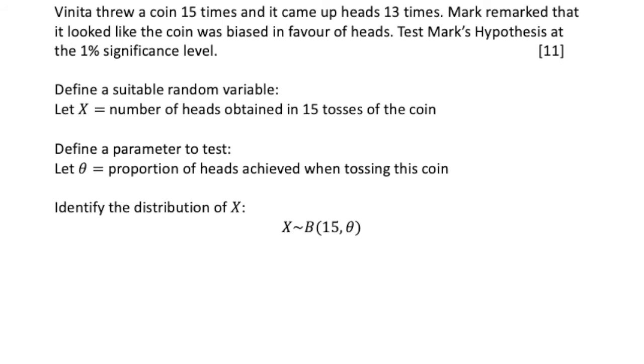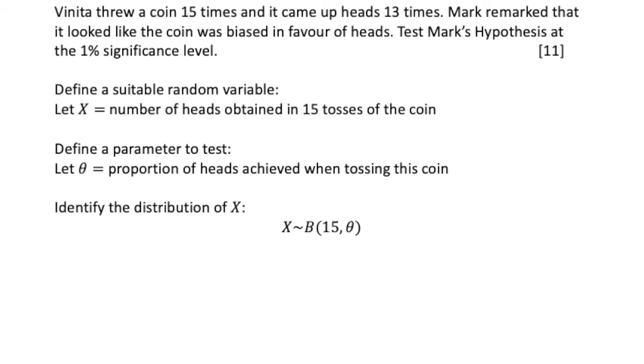And the parameters of the binomial distribution are n is 15, that's the number of tosses of the coin, and the probability of achieving a head each time we toss the coin is theta. As I mentioned before, you might have preferred me to use a lowercase p where I have used a letter theta. That would be absolutely fine, it's not a big problem.